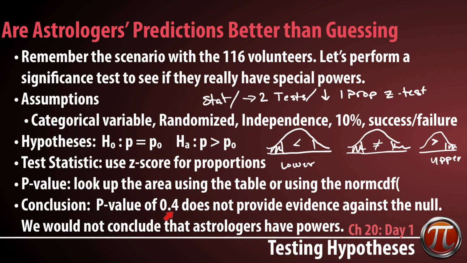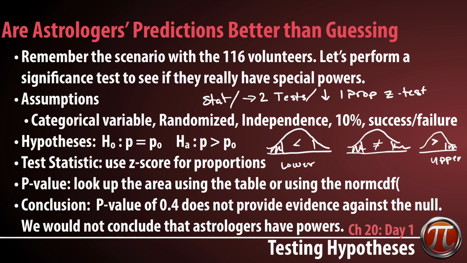This simply confirms that. If this was like 2%, then there's a 2% chance that they could get that value if they had 116 tries. For example, I think if you go up to like 47 or 48 guesses correct, you can go back into your 1-PropZTest and change the X. Instead of 40, try 47 or 48. You'll see it drop below 5%.